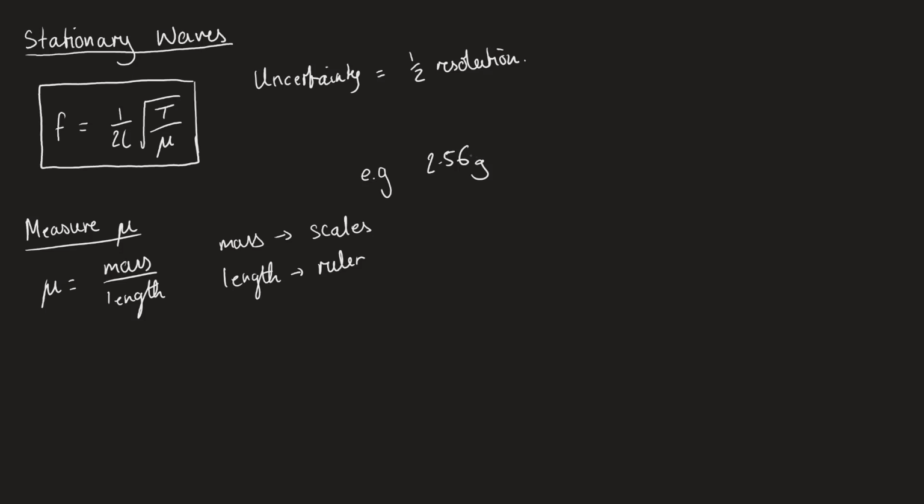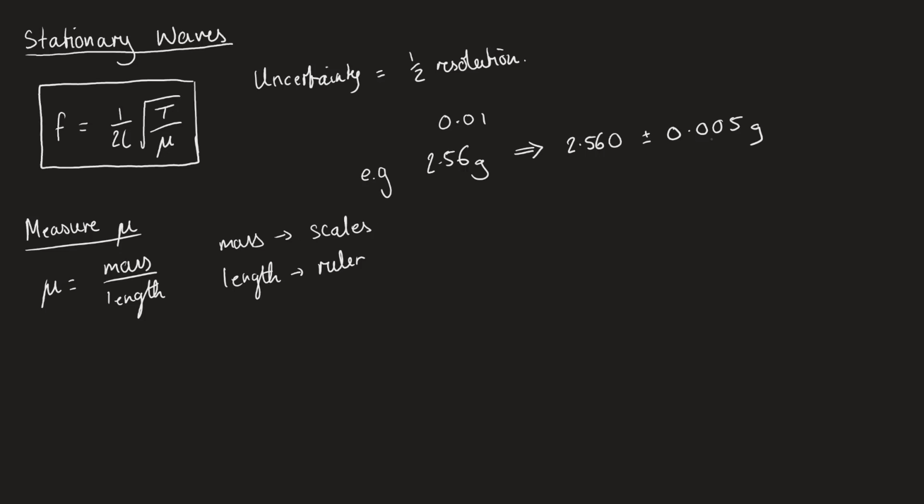So it means you have plus or minus. Your actual value with your uncertainty is 2.560 plus or minus 0.005, where your resolution in this case is it reads to the nearest 0.01. So half of that is 0.005, and this is actually your value for the mass.